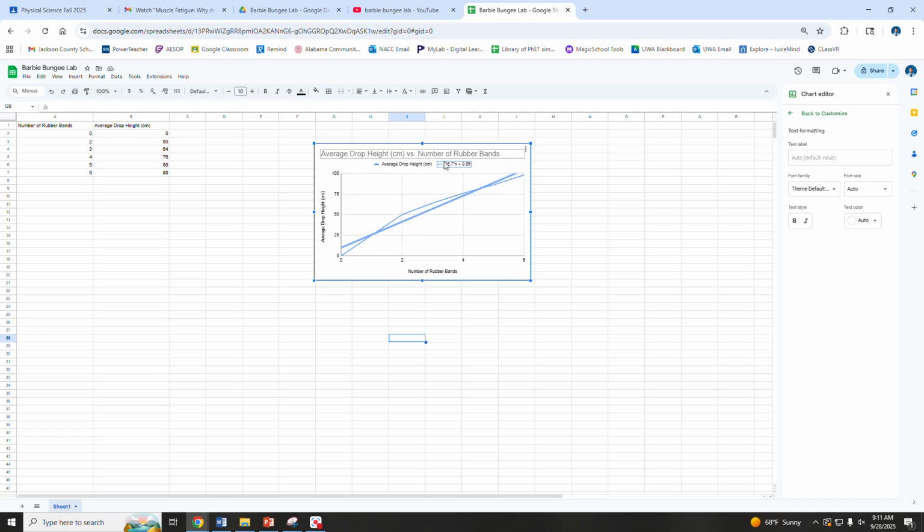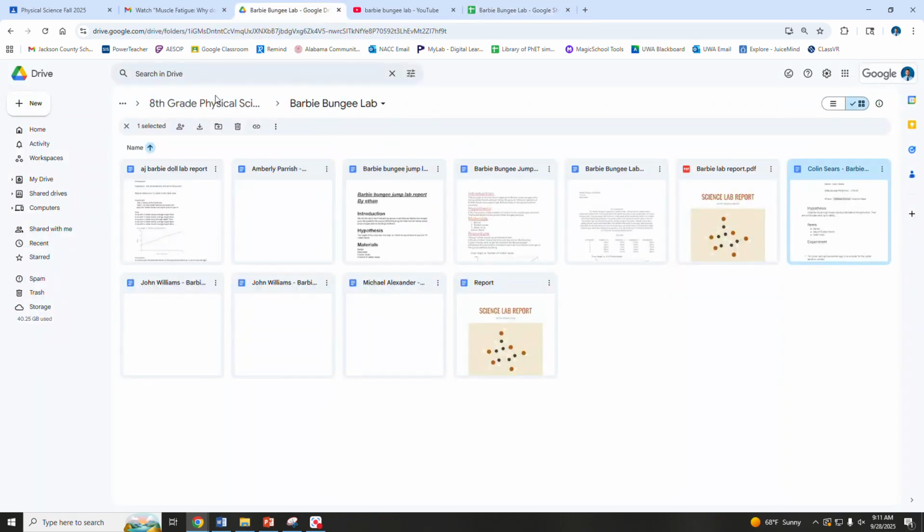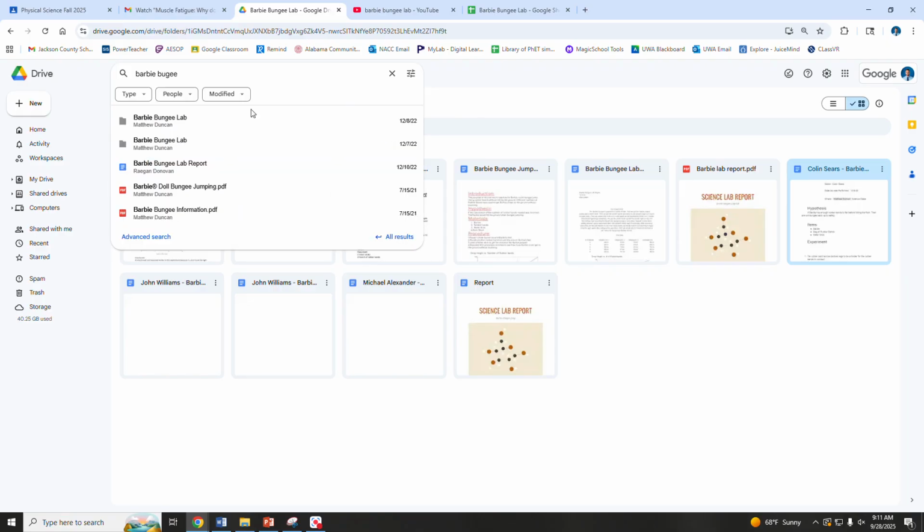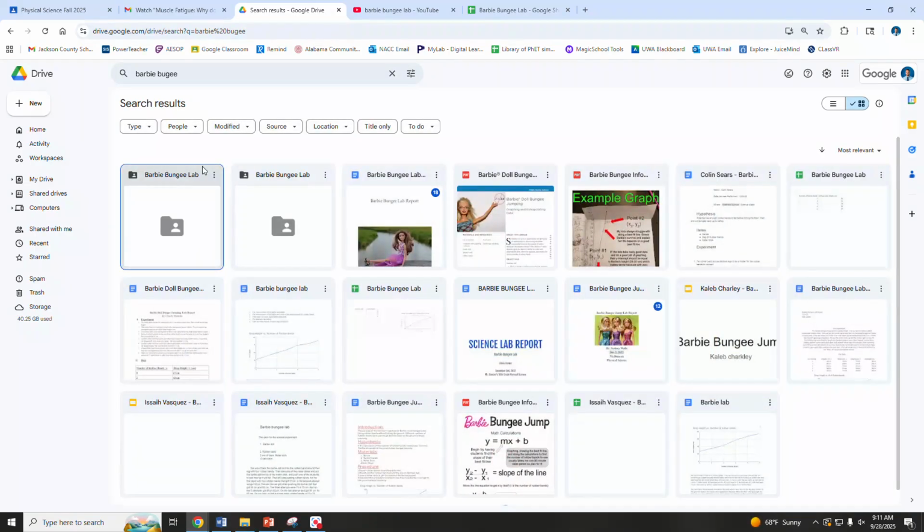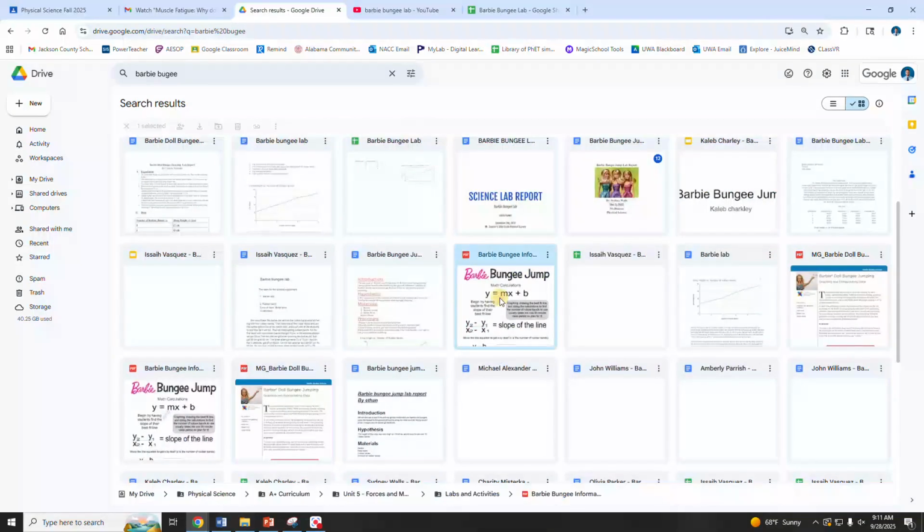So m there is going to be the slope of the line. I have x, and then I have b. Now if we look at our Barbie Bungee lab, this was on that sheet that I gave you. If I can find it real quick. Here it is.